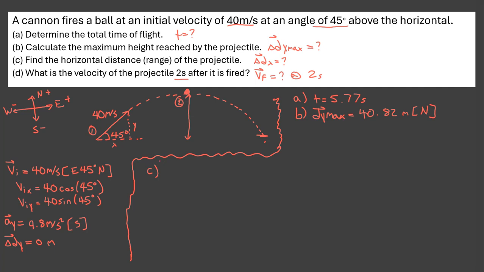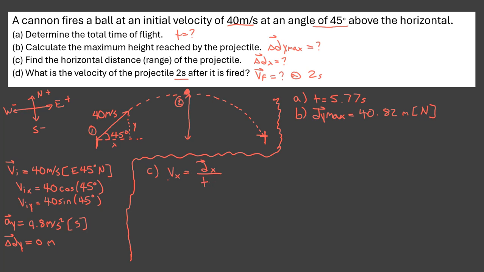Next, part C, I want to figure out that horizontal distance that the ball reaches. So the distance between here to here. Okay, so what I'm going to do is utilize my velocity x equals displacement in the x over my time equation.